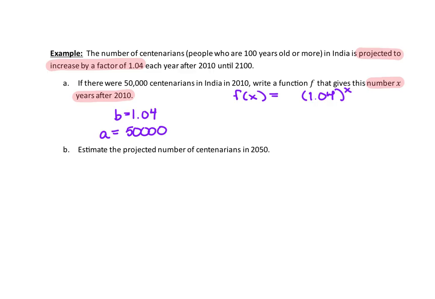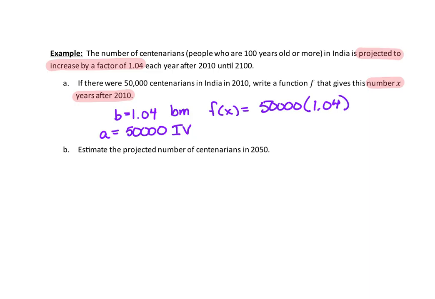All right, I don't think I left enough room here, so we're going to write this again. So we get f of x equals our initial value times our base multiplier, and so this is going to be 50,000 times 1.04 raised to the x.